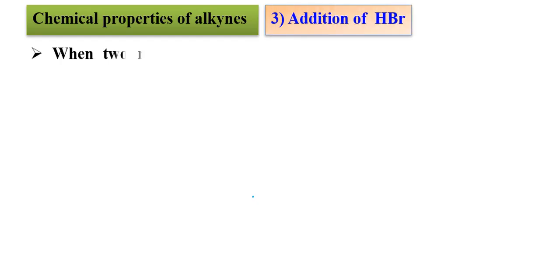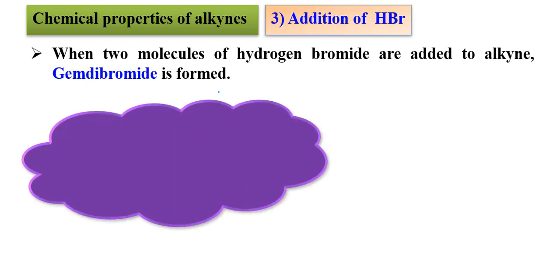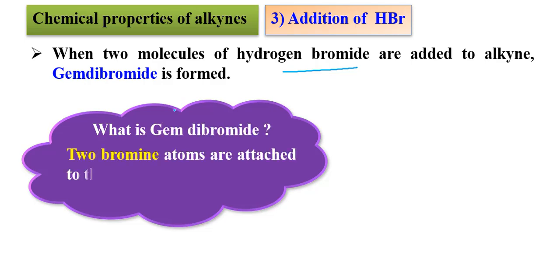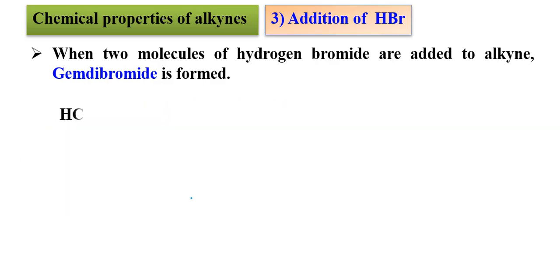Next, addition of HBr. When 2 molecules of hydrogen bromide are added to an alkyne, a gem dibromide is formed. Gem means geminal. Geminal means 2 bromine atoms are attached to the same carbon atom. You can see an example here.